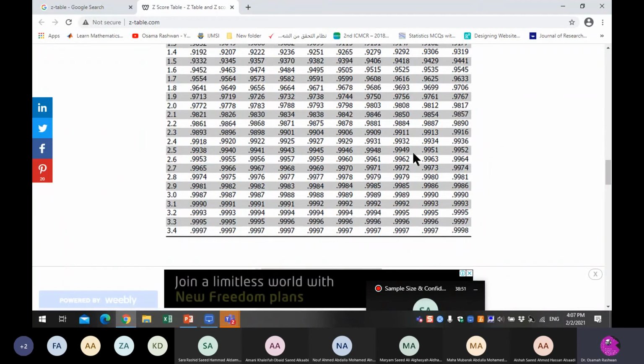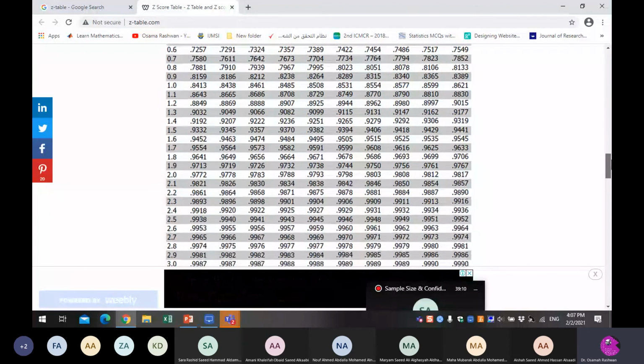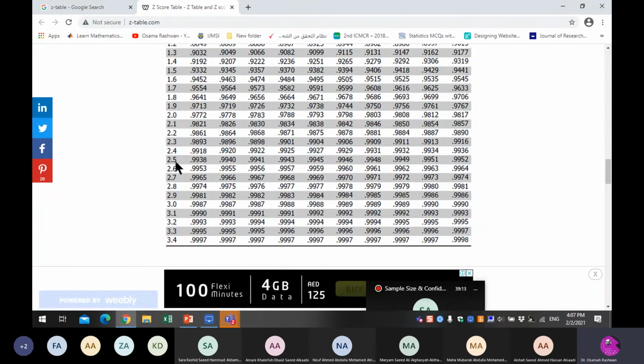So it lies here. Because it lies here, z will be 2.5 and the middle of this one. So you have to add 0.07 to 0.08 and divide it by 2. It will be 0.075. So the second decimal place after the 2.5 will be 7.5.